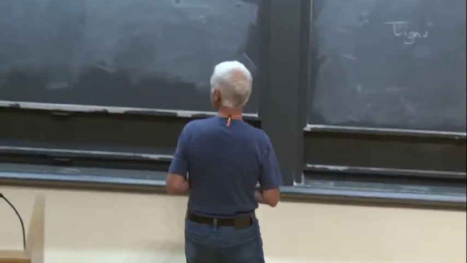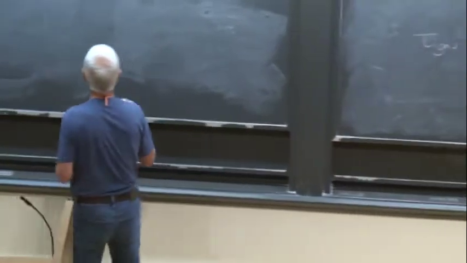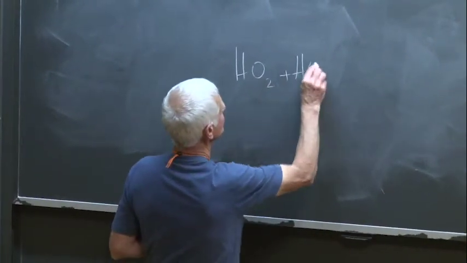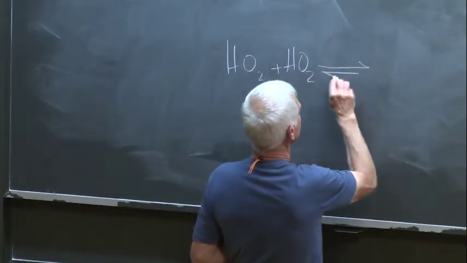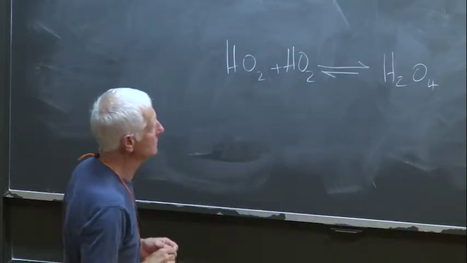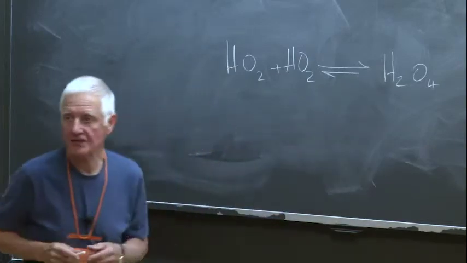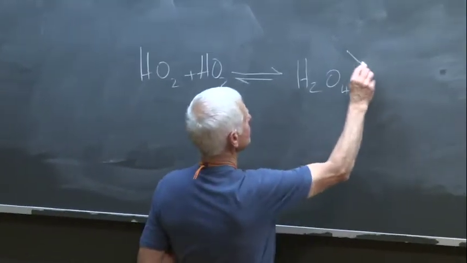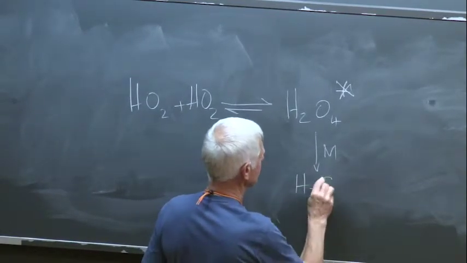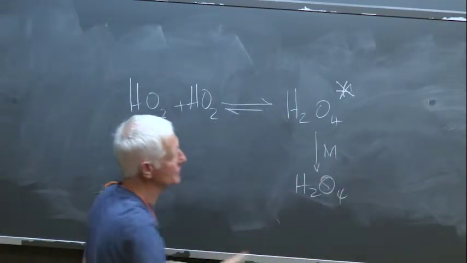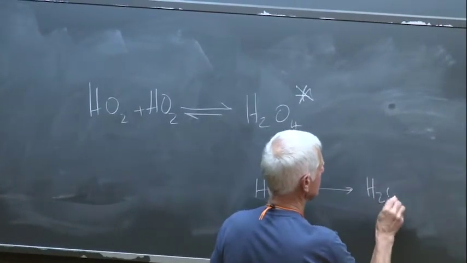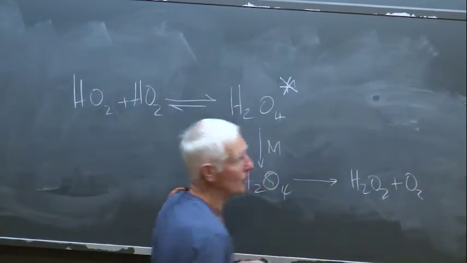So what happens is that HO2 plus HO2 come together to form H2O4, and that can just go back out again unless there's some stabilization to form H2O4 more stabilized, and then that H2O4 can fall apart like that.